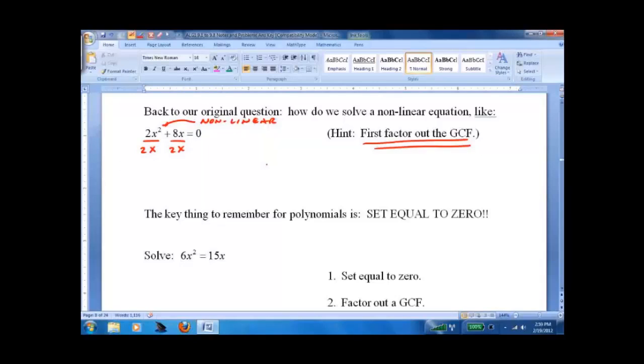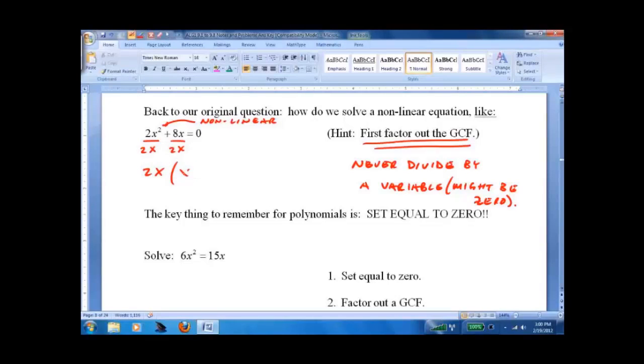Now I'm not just dividing them. You can never divide by 0. Pardon me, divide by a variable. Because a variable might be 0. So we're factoring it out. We pulled out 2x.